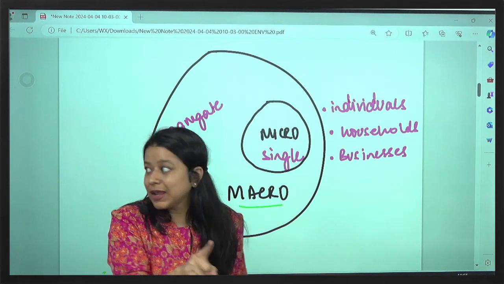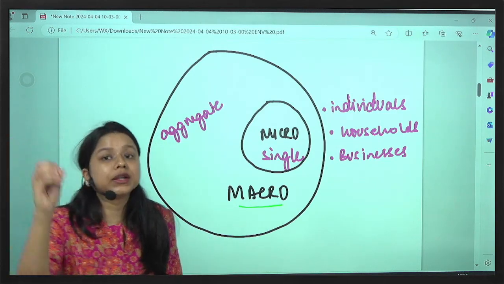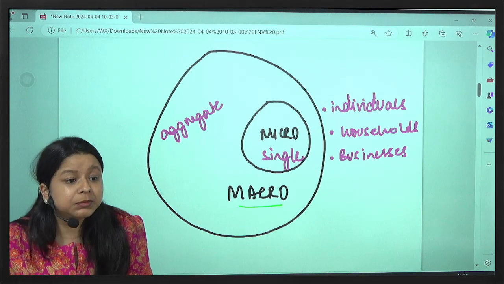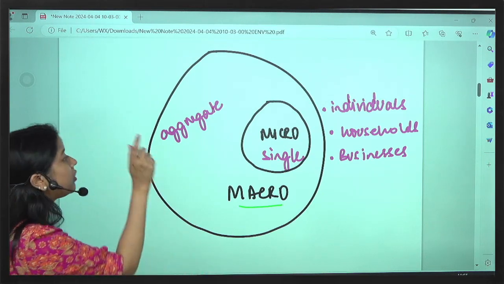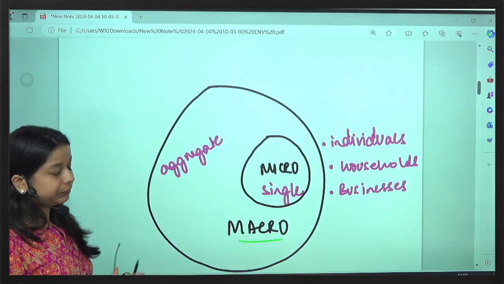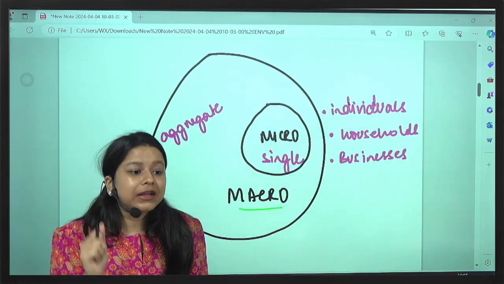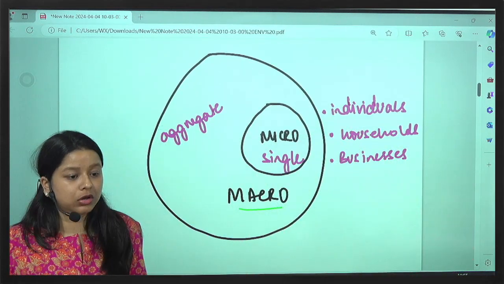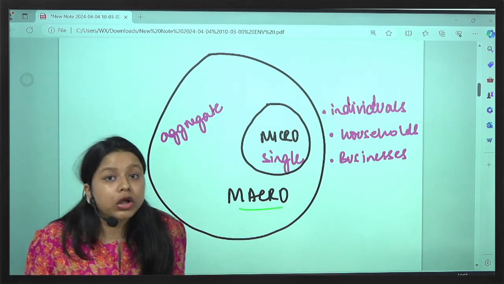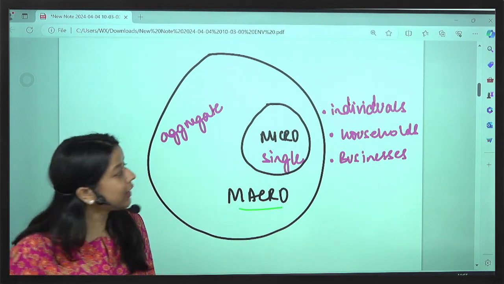How your behavior, how firms' behavior, how industries' behavior, how households' behavior will affect the aggregate demand and supply, right? And the word aggregate basically means as a whole of the entire economic nation, right?